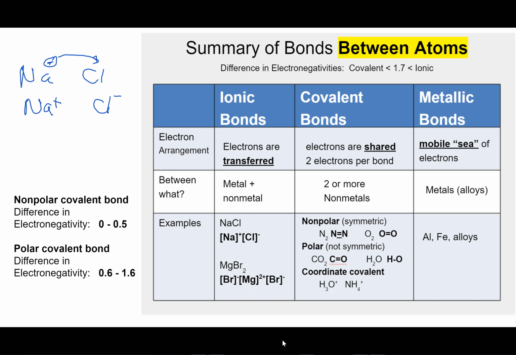It's kind of like a bully, right? However, if I got something like carbon and oxygen, oxygen has a higher electronegativity than carbon, but not strong enough to actually rip the electrons away.